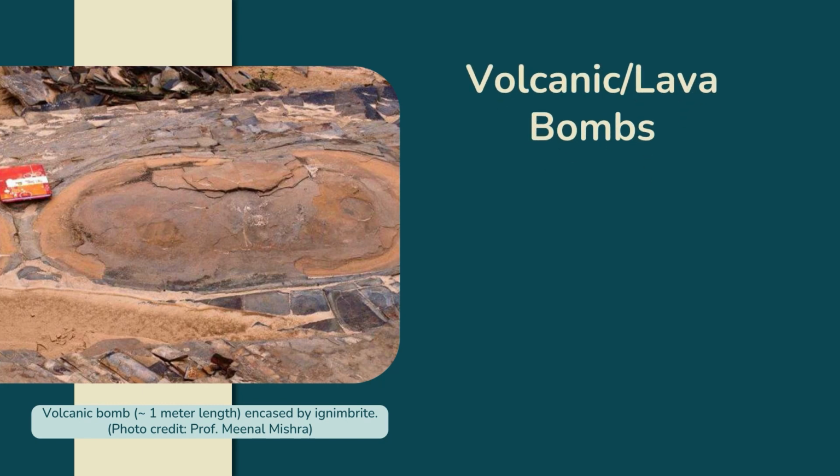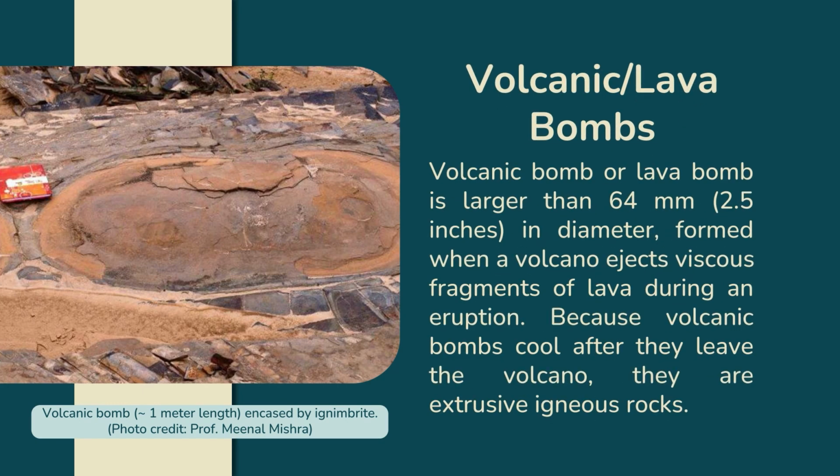This is a larger structure called a volcanic bomb. This is a whole volcanic bomb, larger than 64 millimeters in diameter, formed when a volcano ejects viscous fragments of lava during an eruption. Because volcanic bombs cool after they leave the volcano, they are extrusive igneous rocks.